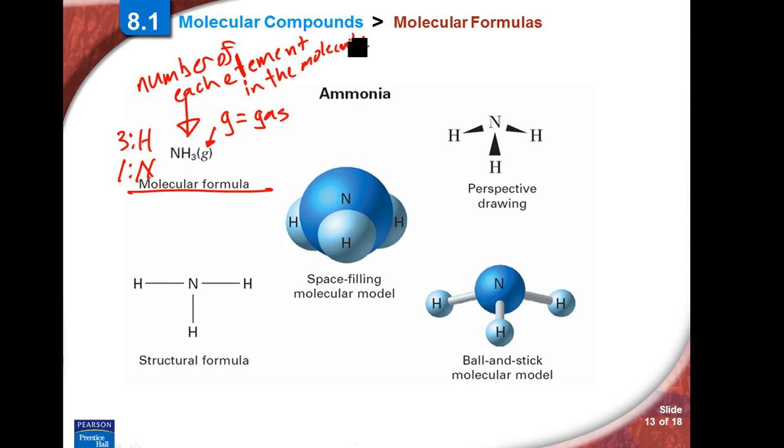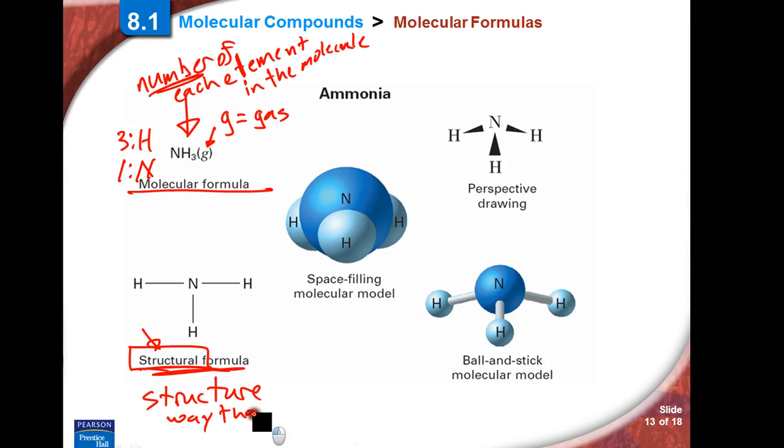All right. So there are several other ways that we can draw this. Here's our molecular formula. We just talked about that. That's the number. The structural formula, what do you think that will do? The hint is here in the first word. It says structural, which means it'll tell you the structure or the way that things are connected.